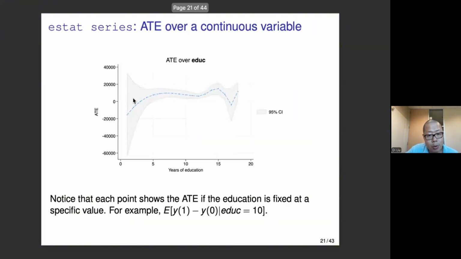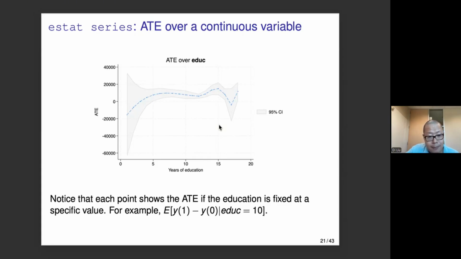And we can also show the graph of the ATE over education. Basically, this function is the conditional expectation of y1 minus y0, conditional just on education.